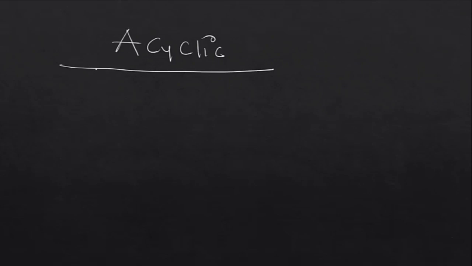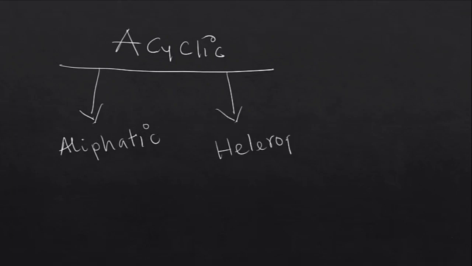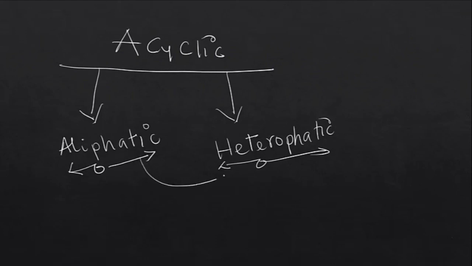Among the acyclic compounds, we have a subclass we call aliphatic. We have another subclass we call heteropathic. We are going to take them step by step because there are so many technicalities, so many criteria, so many baselines we are going to use to differentiate them. Until I come your way, just stay tuned because we are going to a wonderful aspect of the show.